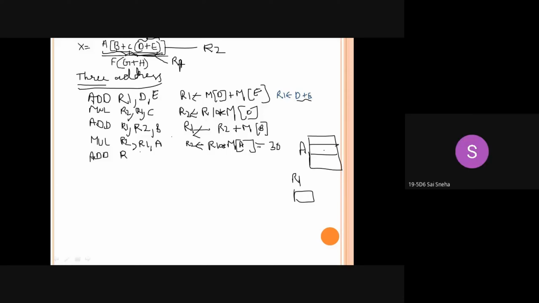R1, G comma H. In R1 we go to address location G and get the data, go to H and get the data, perform an addition, and store the result in R1.